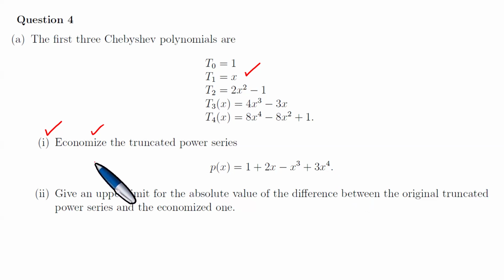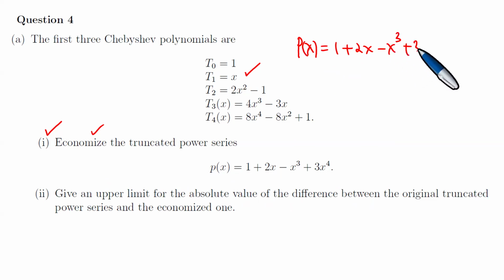You must reduce the degree, because the highest degree of this one is 4, and T4 also has highest degree 4.